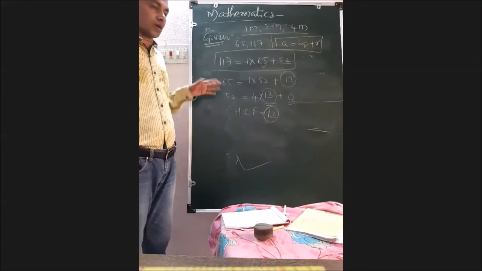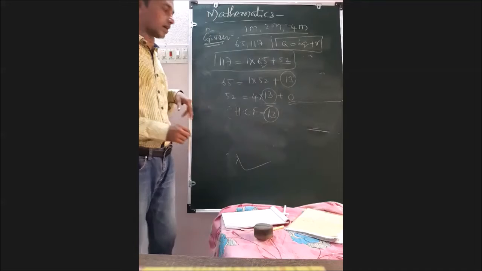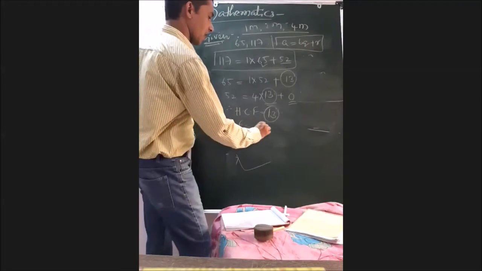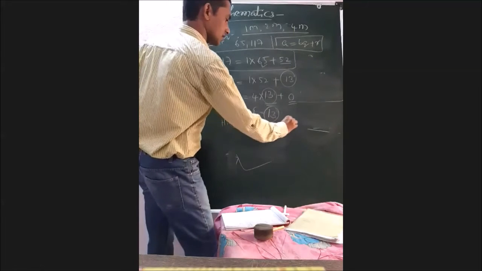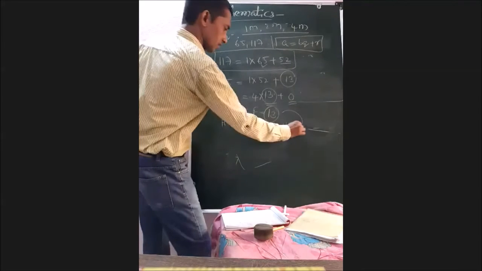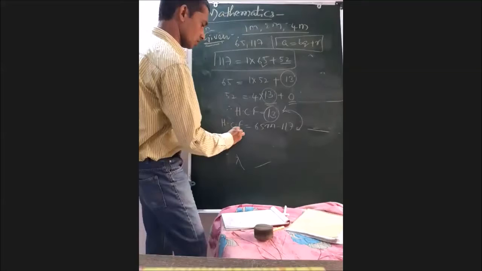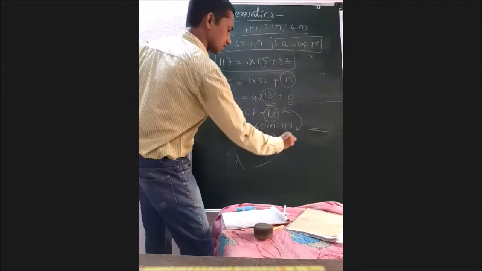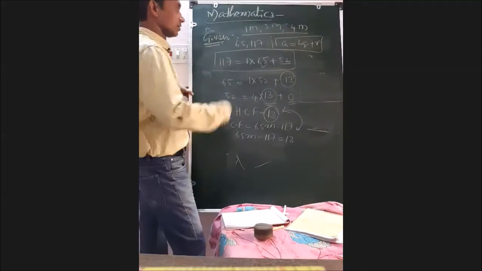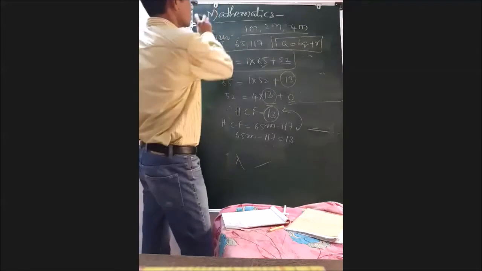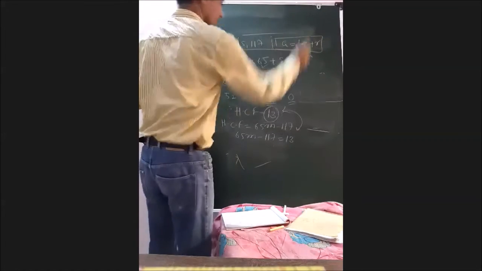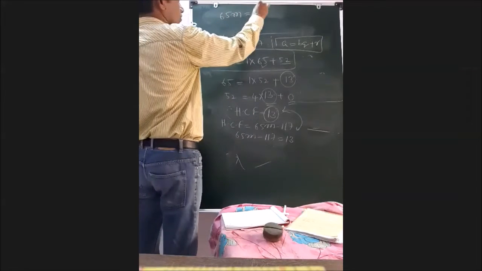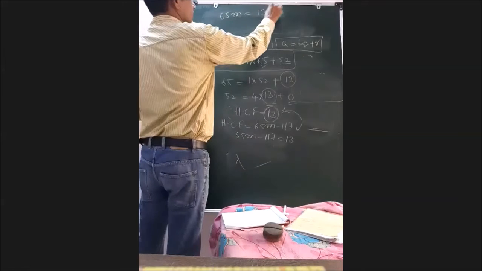Now your part is not completed. What he has given, HCF is 65m minus 117. So you have to equate these two. So 65m minus 117 is equal to 13. Then what do I want to do? 65m is equal to 13 plus 117.